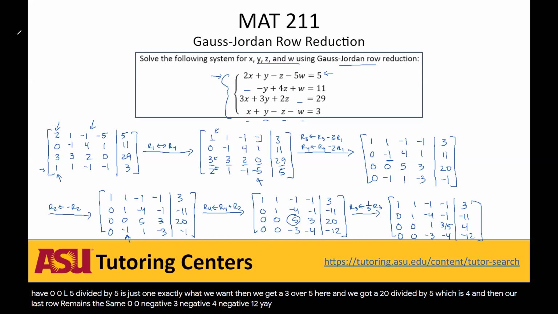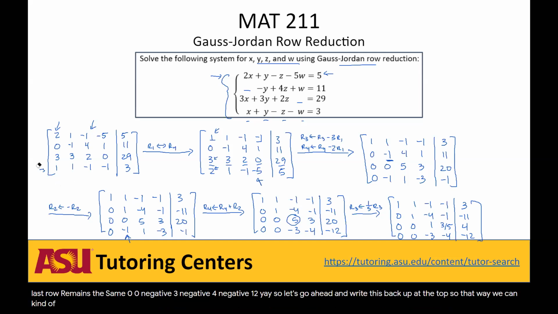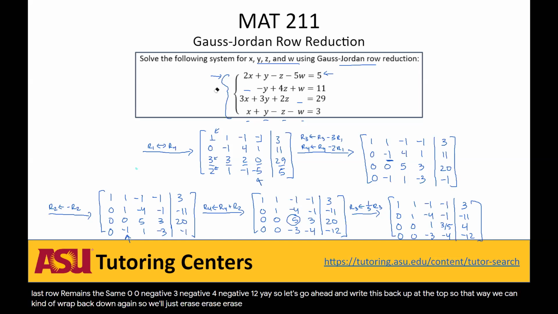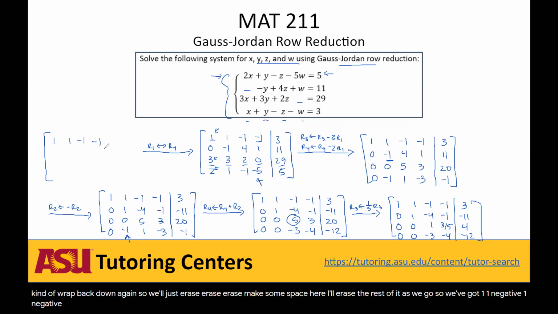Yay. So let's go ahead and write this back up at the top so that we can wrap back down again. So we'll just erase, erase, erase. Make some space here. I'll erase the rest of it as we go. So we've got 1, 1, negative 1, negative 1, 3, 0, 0, whoops, nope, 0, 1.